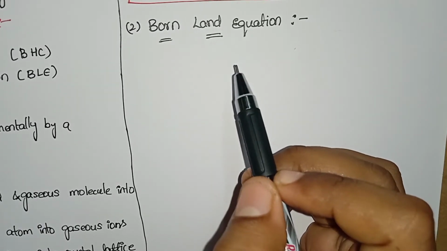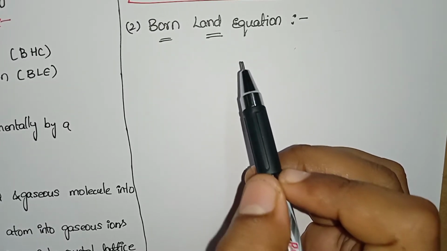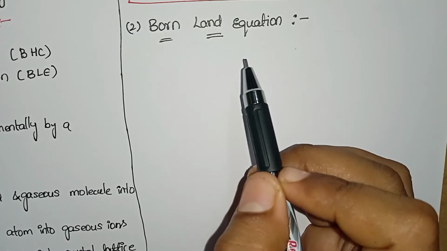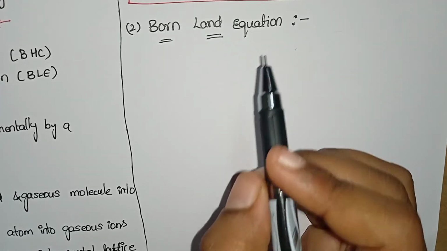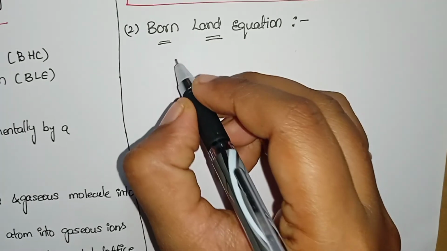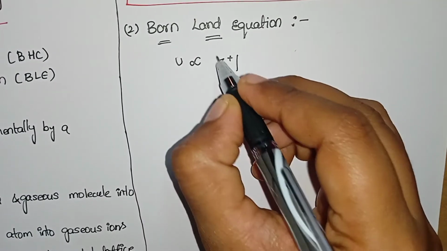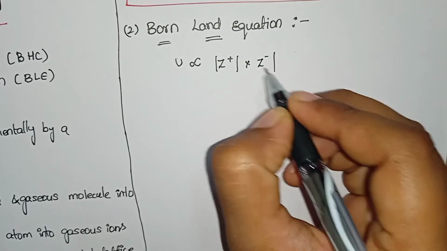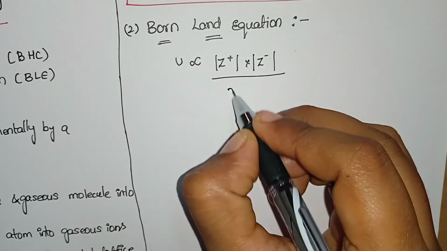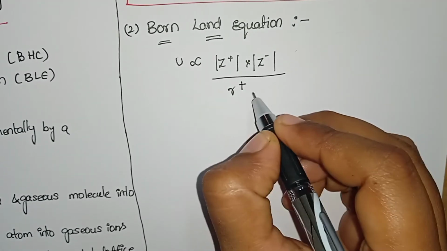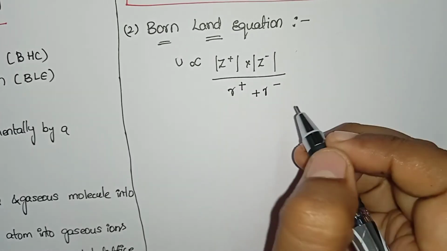According to bond length, lattice energy depends upon the charge and size of the ions. So the equation is U proportional to Z plus into Z minus by R plus plus R minus.